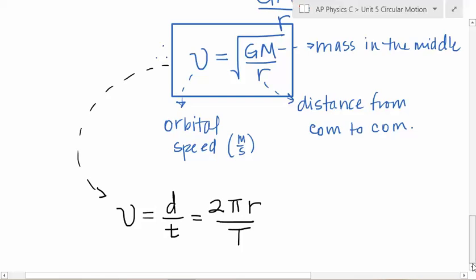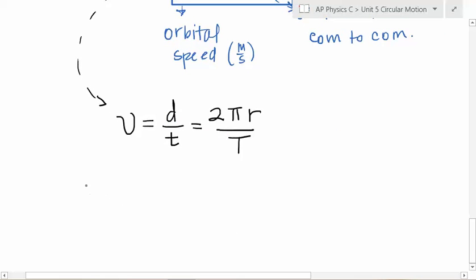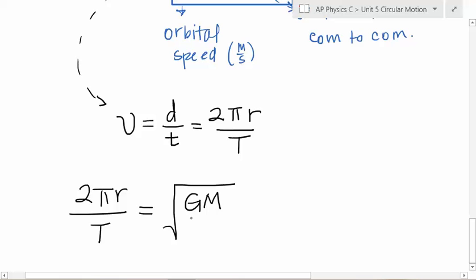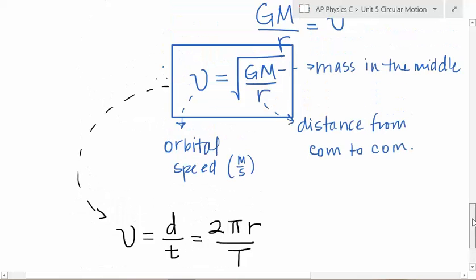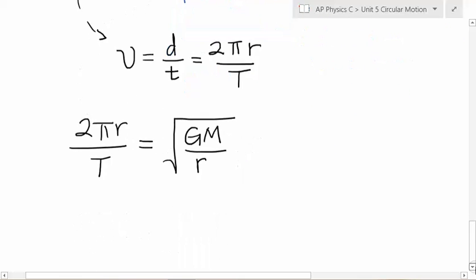If I do that, then I'll have 2 pi r over period is equivalent to the square root of capital G, capital M over R. So could I isolate the period and determine what the period depends on? This is what Kepler worked on.